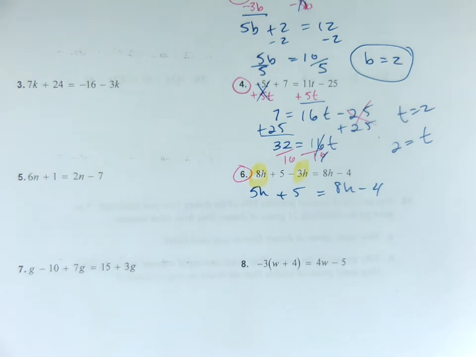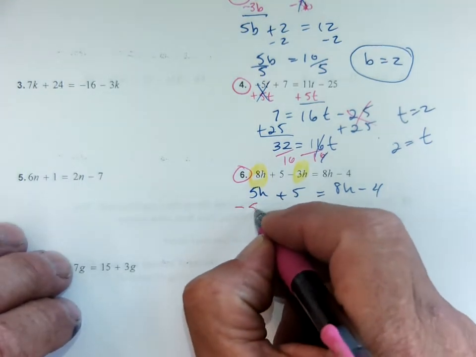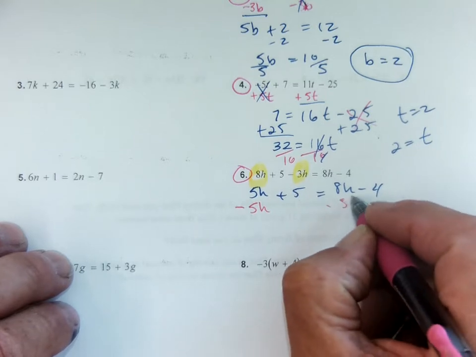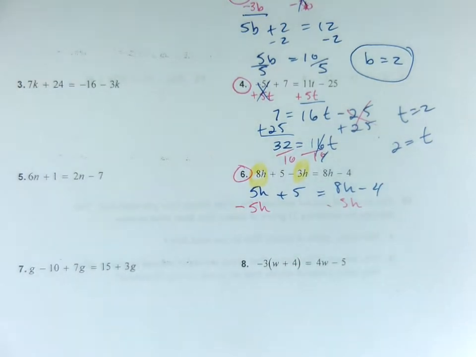Okay, well now 5h on one side, 8h on one side. What would you do? Yeah, Noah? Minus 5. Yes, it's minus 5h, so I get it down to just one h variable. Noah, I kind of ignored what you said, didn't I?